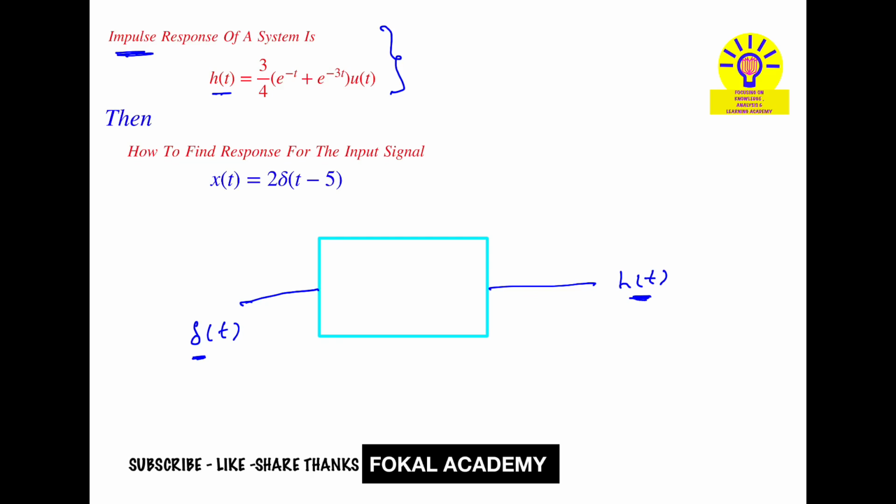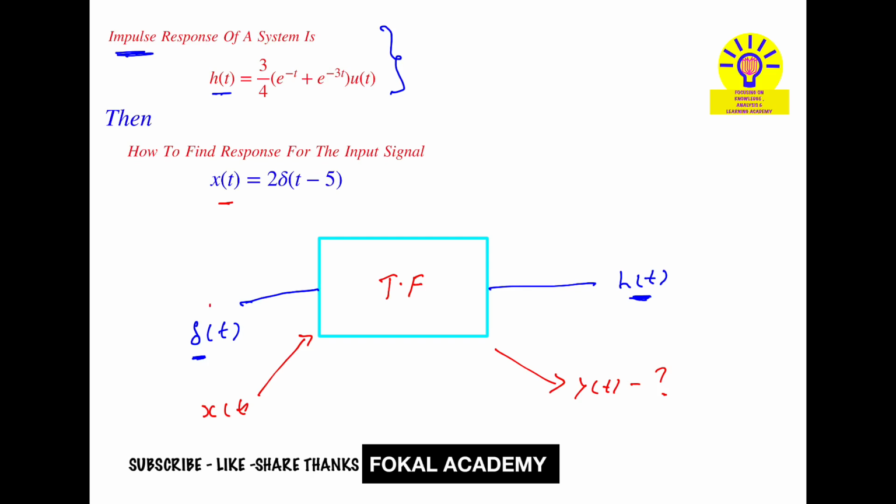Now it asks: if x of t is given as input to the same system, what is the response y of t? How can you find it? First of all, if you know the transfer function, which gives the relation between input and output, that is called a transfer function.